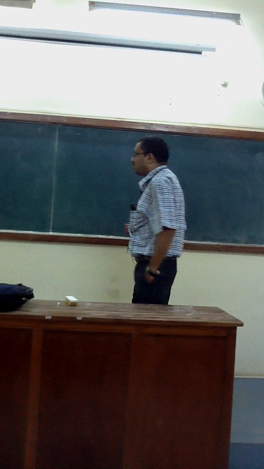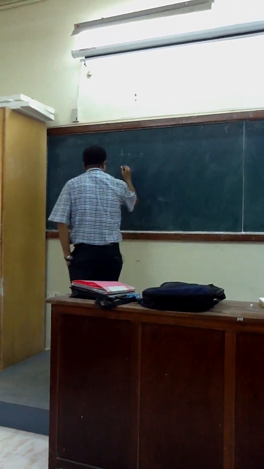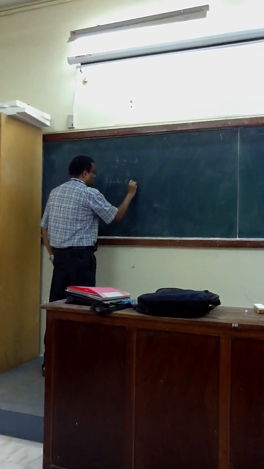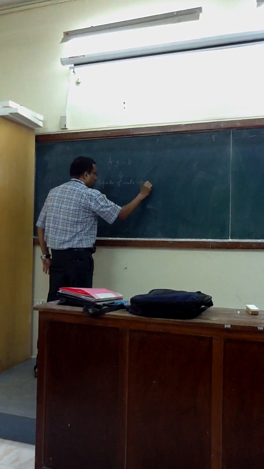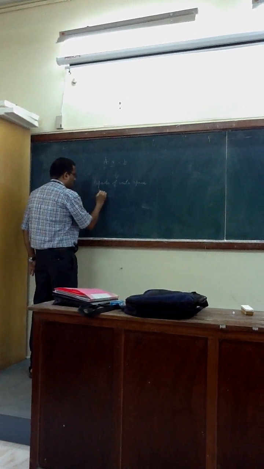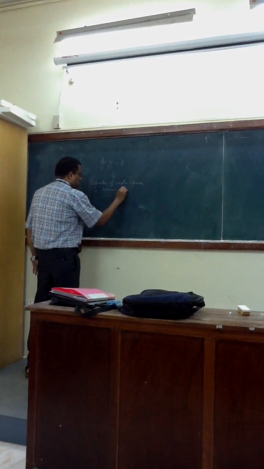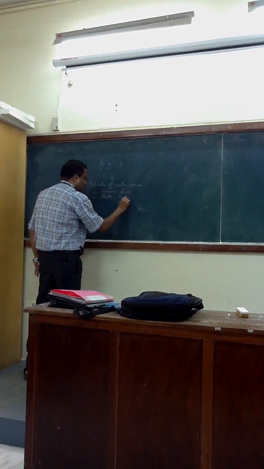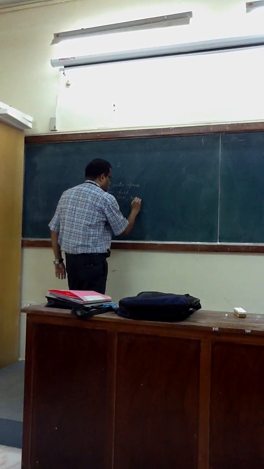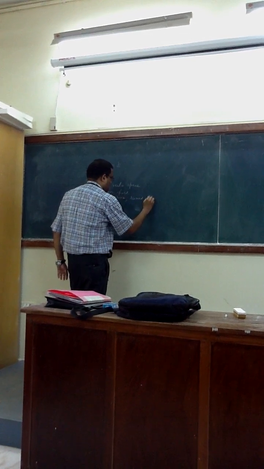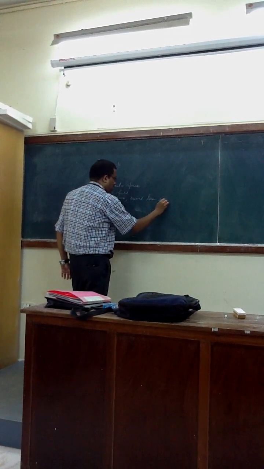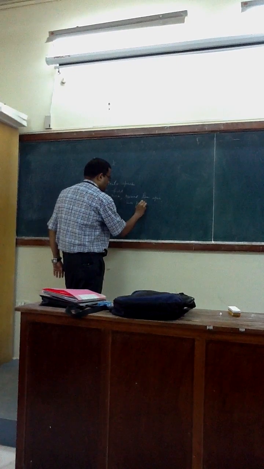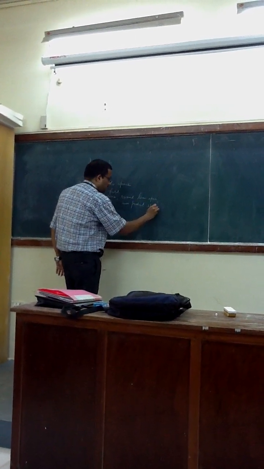Then we wanted to talk about the basis vectors. So what we did, I will just summarize the properties of vector space. Then we have numeric field, metric, normed linear space, and we have inner product space. Okay.